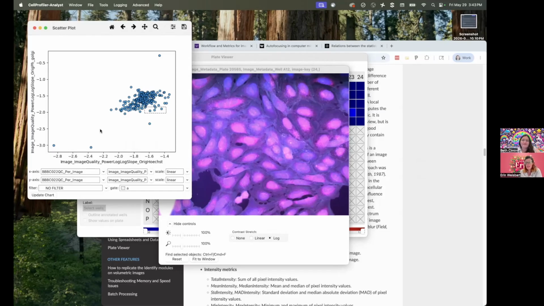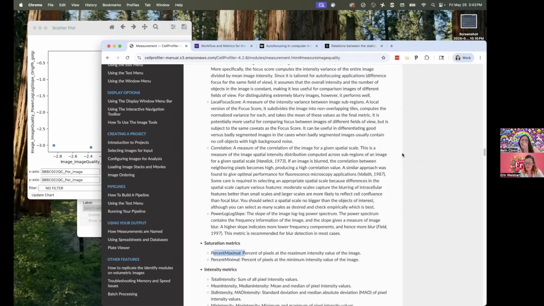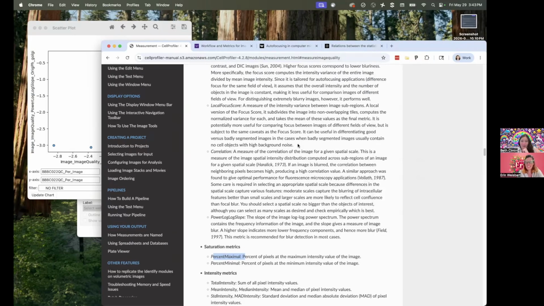But that requires a level of compute that was totally different in 2012. Even when I joined the lab in 2019, what we do now as common practice is shifted. So all of that is a very long way to say I'm not sure exactly what the local focus score being different for a particular phenotype means for you.